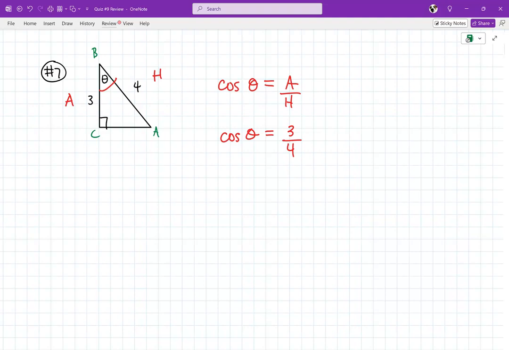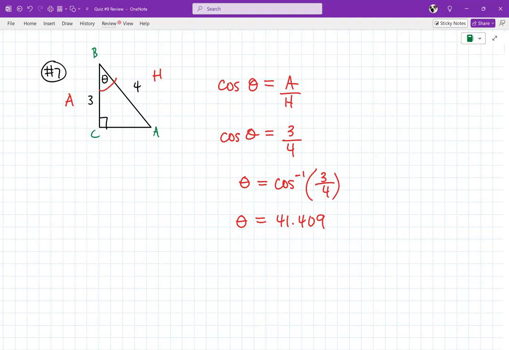We're going to solve for theta, so we're going to rewrite this as theta equal to cosine inverse of 3/4. At this point, you're going to hit shift cosine 3 over 4 and hit enter, and we get 41.409. If I'm rounding to the nearest tenth, what do I get? 41.4.